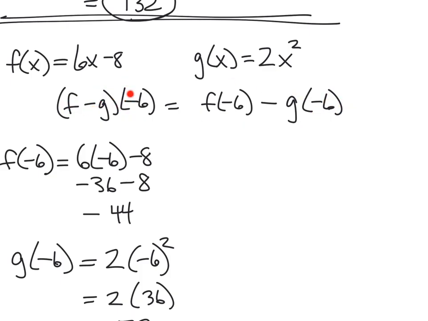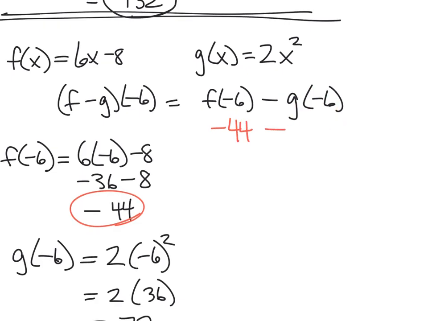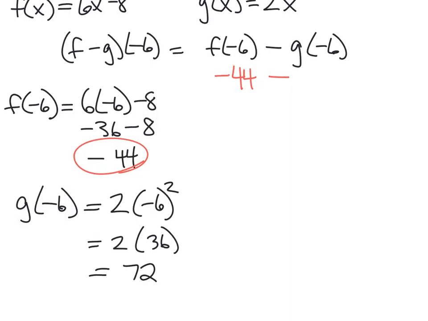So when we go back up here, if we want to figure out what f minus g of negative 6 is, we're first going to figure out f of negative 6. It's right here: negative 44, minus g of negative 6, which is 72.